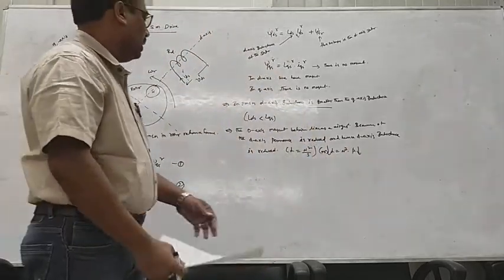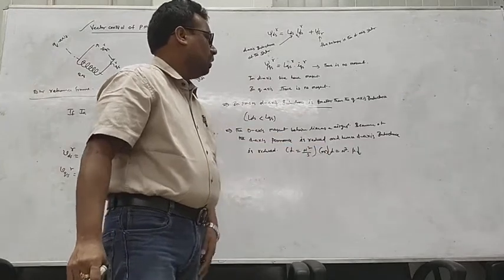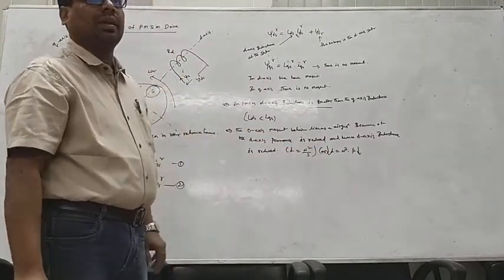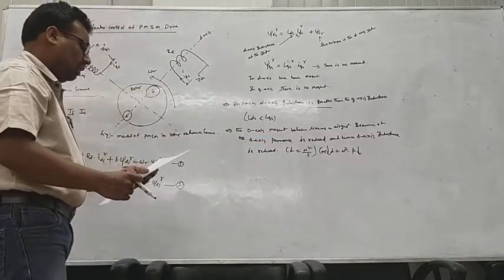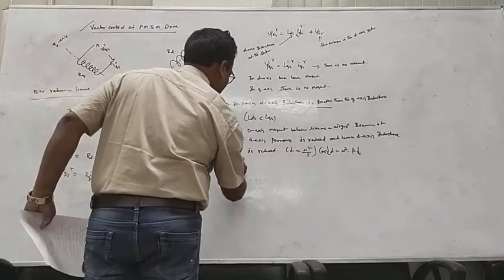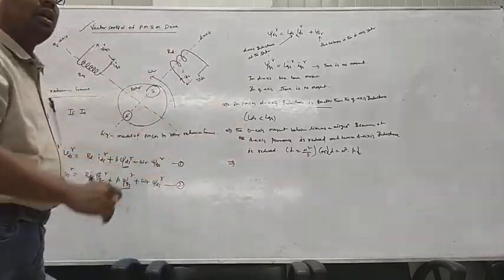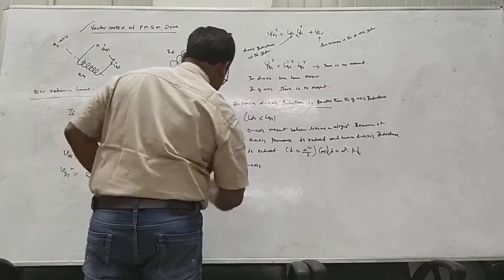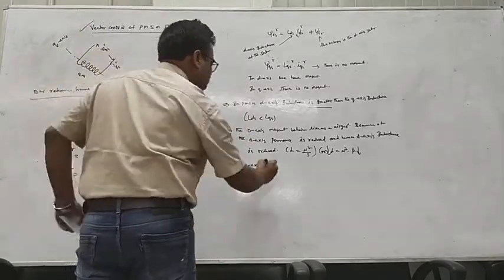That's why the direct axis permeance and hence the direct axis inductance are reduced here. On the other hand, in the quadrature axis, the Q axis permeance is more.